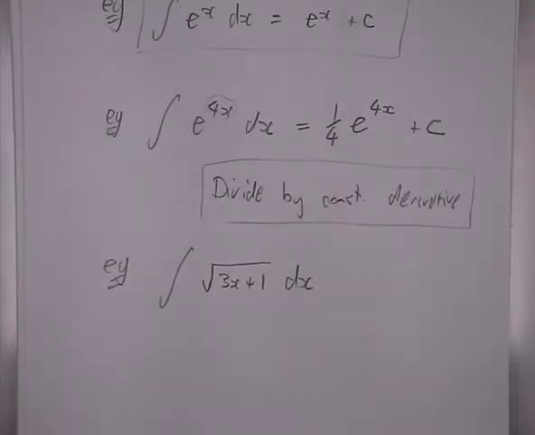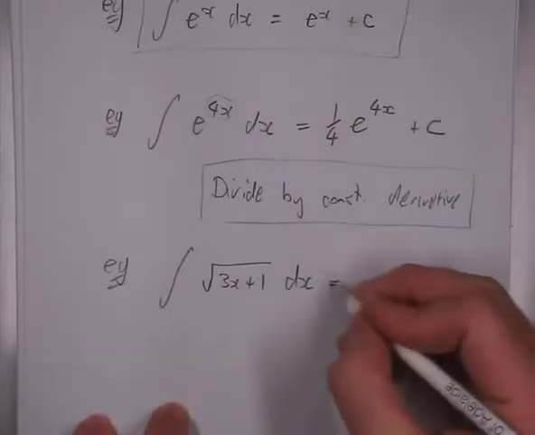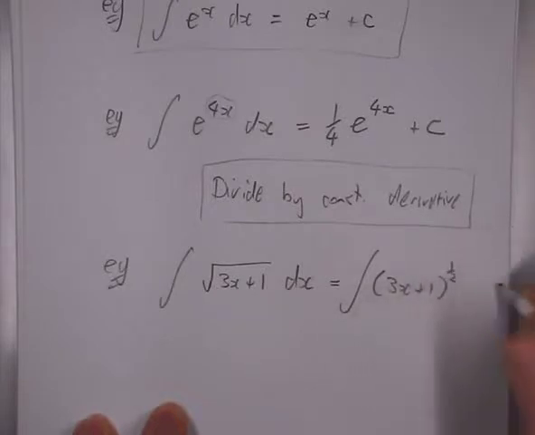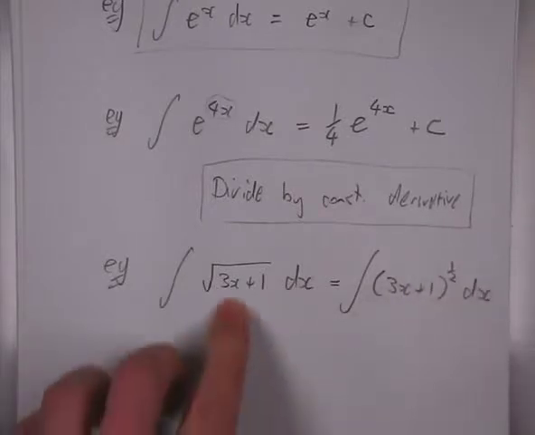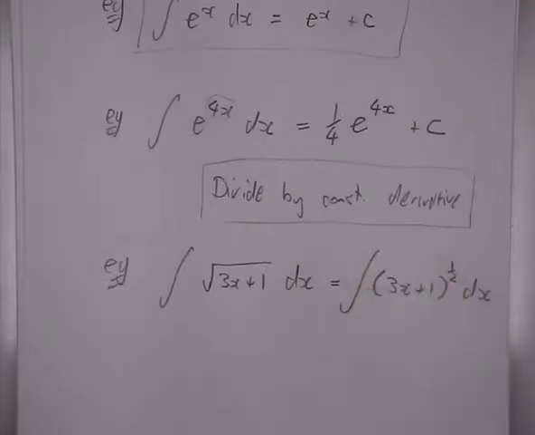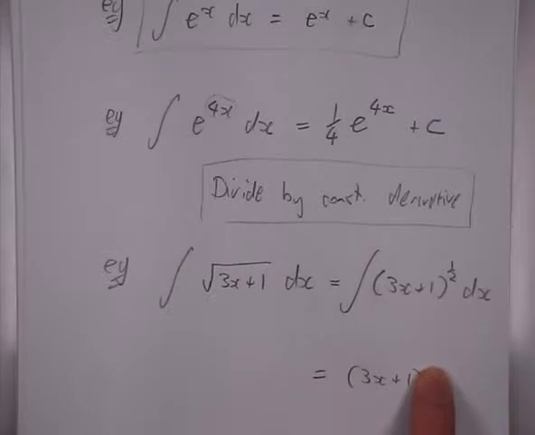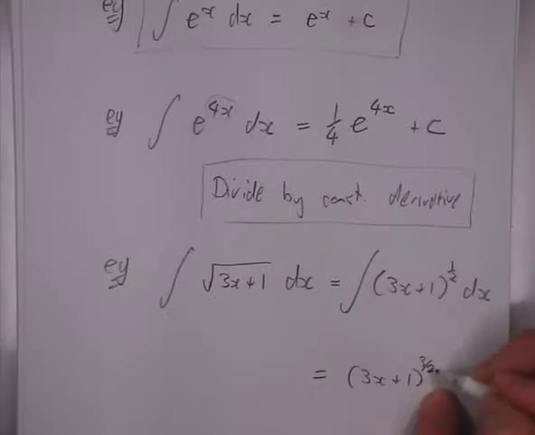so far I know that my rules say that anything that's written as a power I can do, so I'll rewrite this as a power. Okay, root is a power of a half. And the rules say, well, I put my power up by 1. So it's at a half, it'll go up to 1.5. And 1.5 is actually 3 halves. And I'll have to divide by that new power. So dividing by a fraction means turning it upside down and multiplying instead.